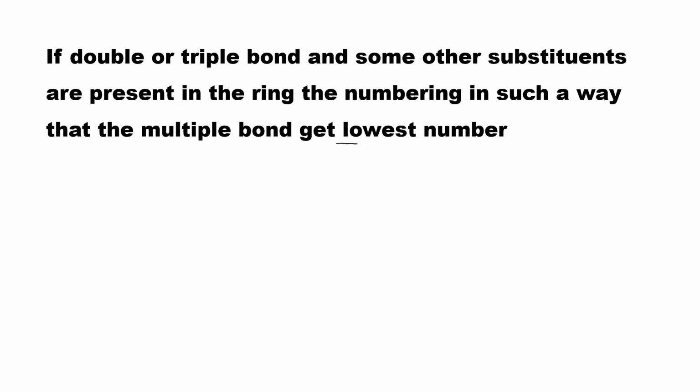That's the rule here. Let us discuss with an example. In this case, the double bond should get the lowest number. That's why the numbering is 1, 2, 3, 4, 5, 6.